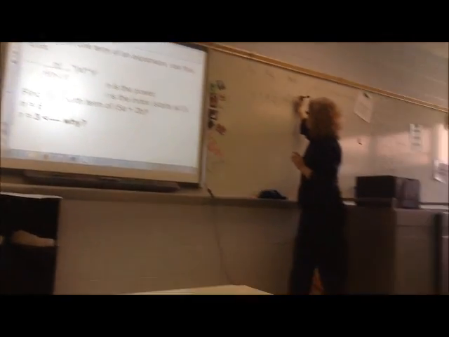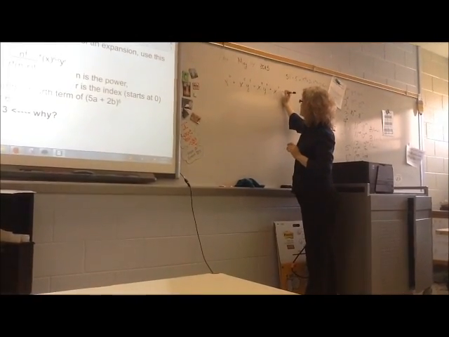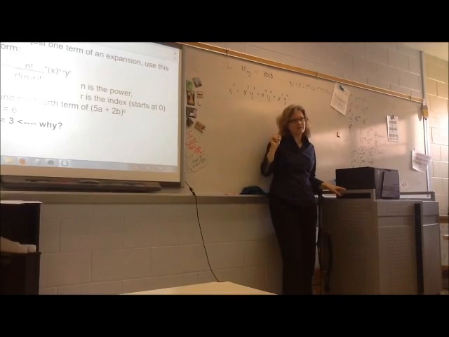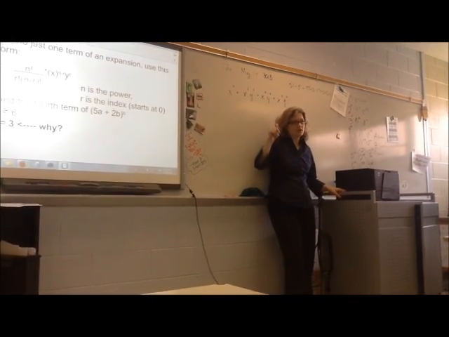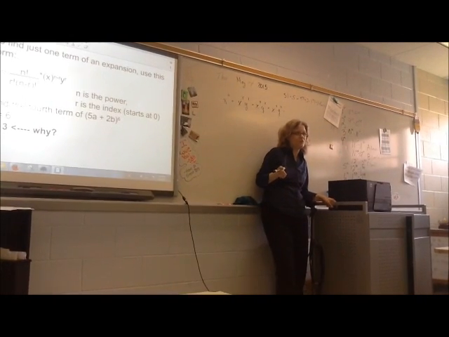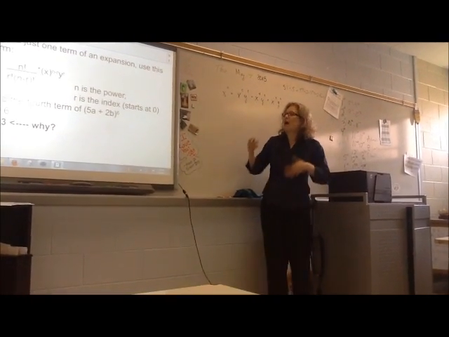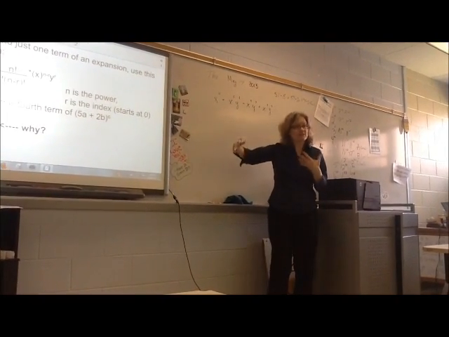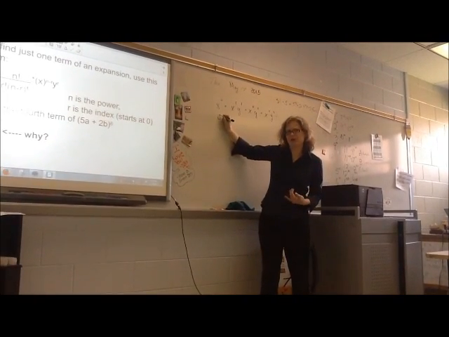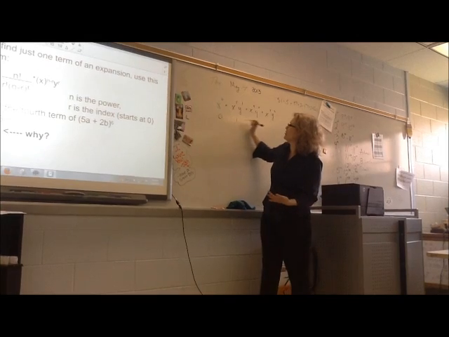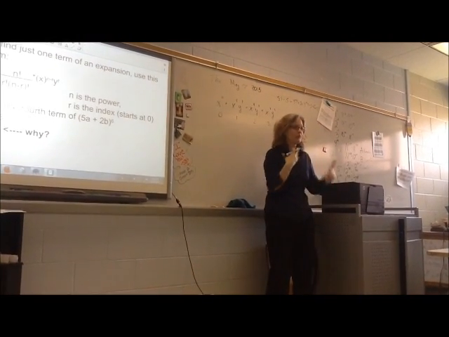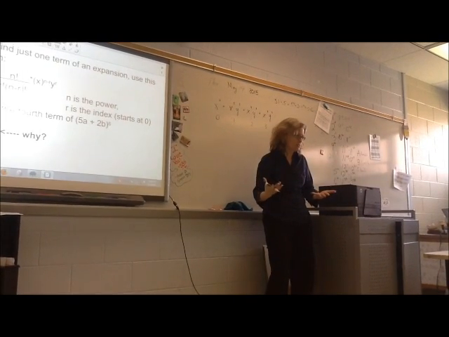All right, if I were asking for the fourth term of this expansion, what's the power of y in the fourth term? 3. So r is basically the power of your second exponent, and that starts at 0. So the value of r is always going to be 1 less than which term you're looking for, because it starts at 0.